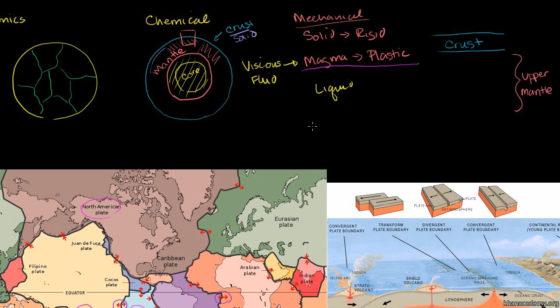Now, right below the crust, the mantle is cool enough that it is also in real solid form. So this right here is solid mantle. And when we talk about the plates, we're actually talking about the outer solid layer. So that includes both the crust and the solid part of the mantle.